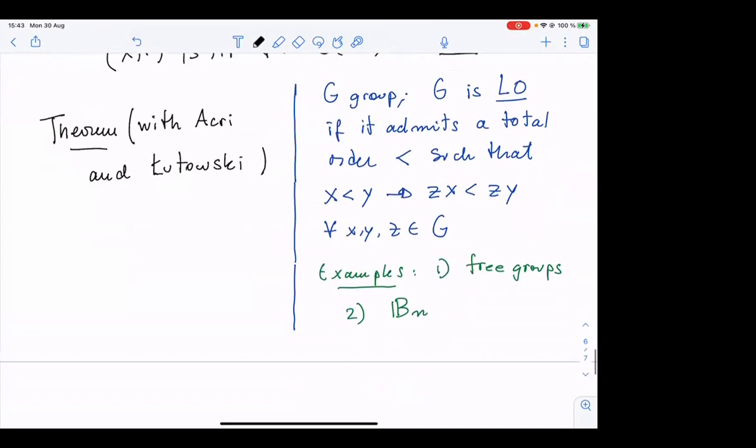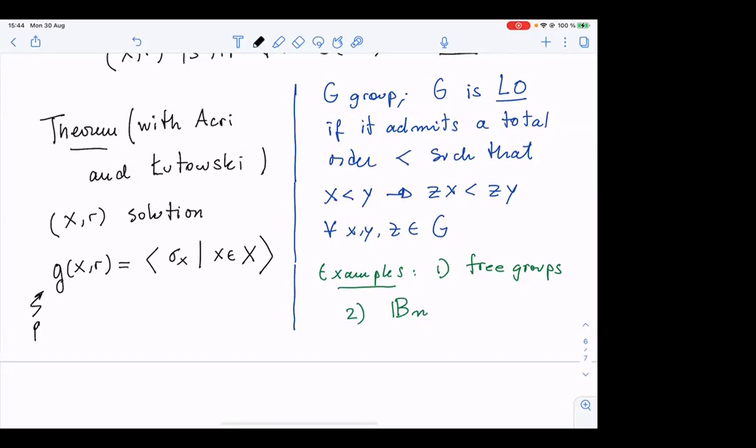So again, you have a solution like this, involutive, non-degenerate, and finite, and you can consider a group. The group generated, this is a different G, a curly G, by all the sigma X. This is of course a permutation group on X. This is known as the permutation group of the solution.